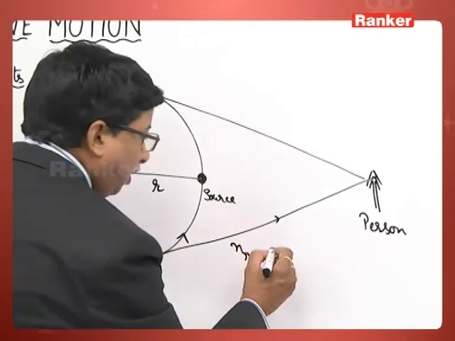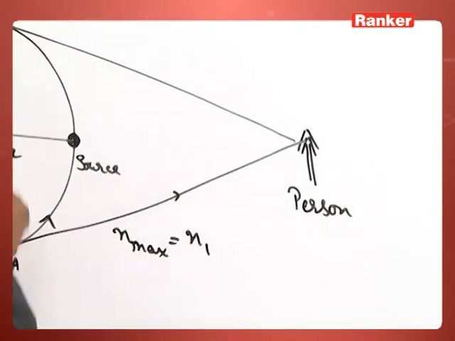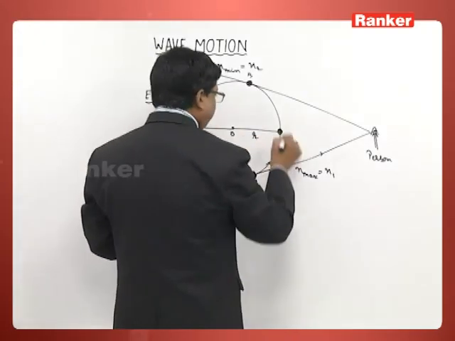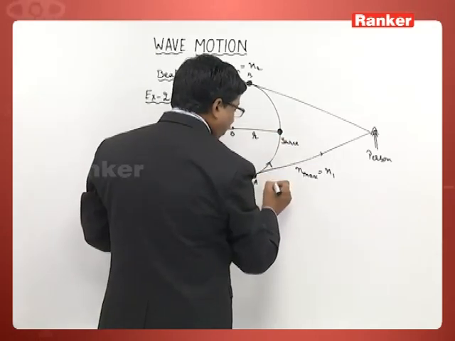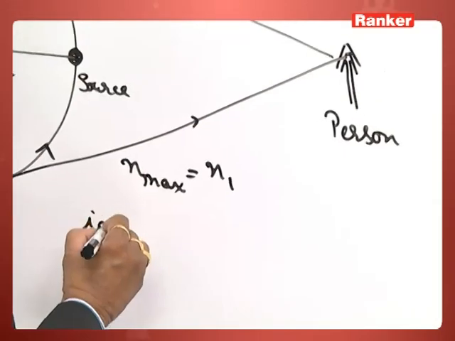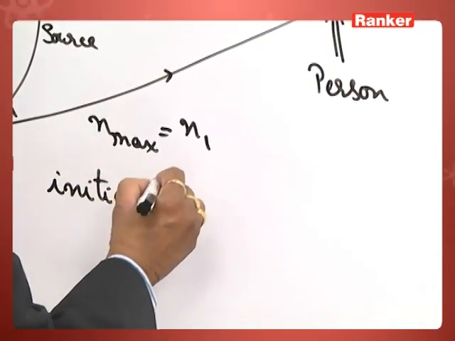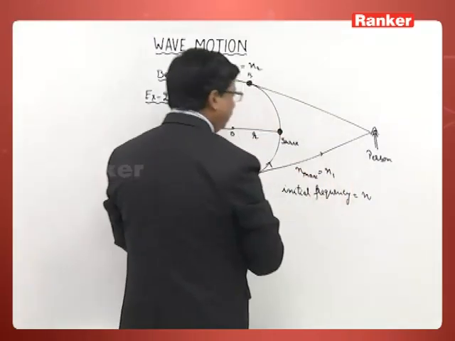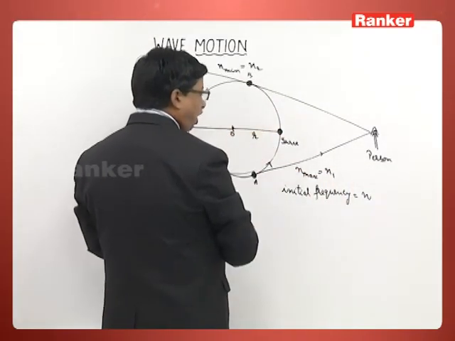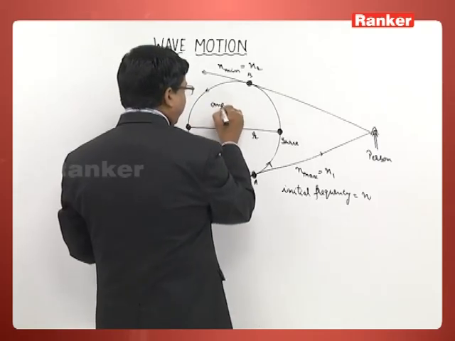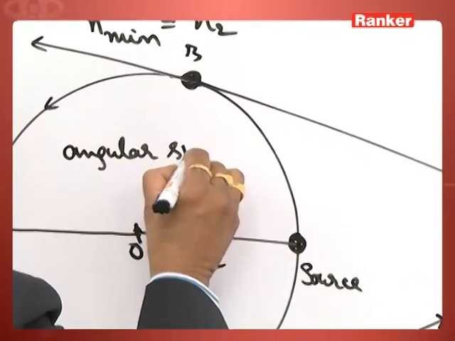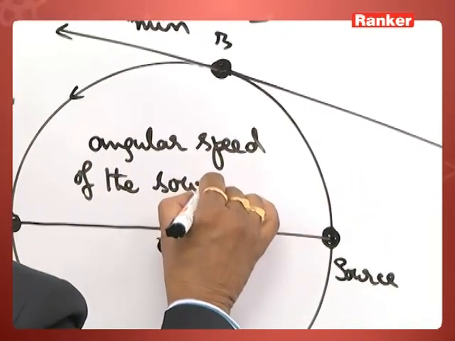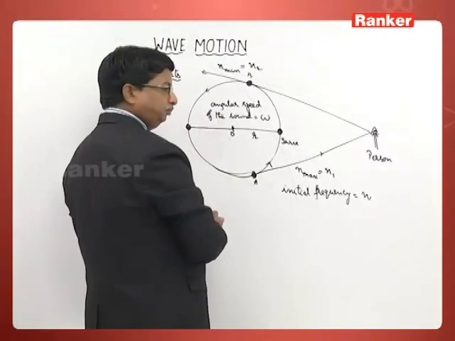So, if I write this maximum frequency as N1 and minimum frequency value as N2, and initial frequency of this source, that we take as N, radius of this circle as R, and angular speed of the source as omega.